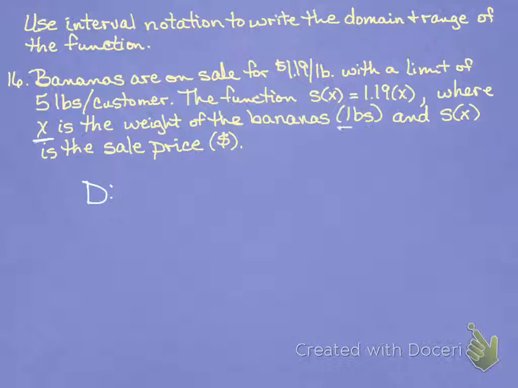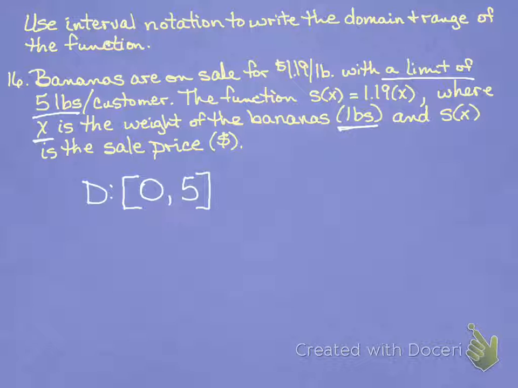Okay, so let's talk about the domain. We're looking for X, which is the pounds, and we have a limit of 5 pounds per customer. You can choose to not buy bananas, so that is a lower limit of 0, with an upper limit of all that they will allow you to buy at the sale price, which is 5 pounds.